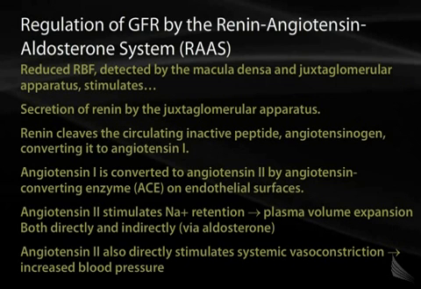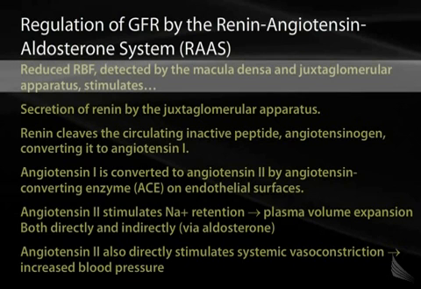Outside of autoregulation, the neurohumoral system of the renin-angiotensin-aldosterone system plays a primary importance in the regulation of GFR. When renal blood flow falls, this is detected by not only the macula densa, but also the juxtaglomerular apparatus.